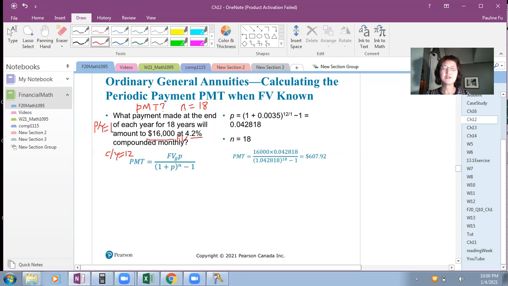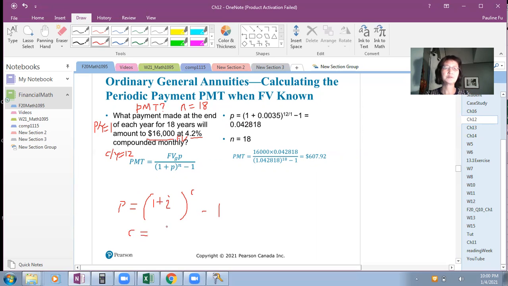Okay. So first method using formula. When you use formula, you have to solve for P first. Remember P equal to 1 plus I raised to power C minus 1. And what is C?